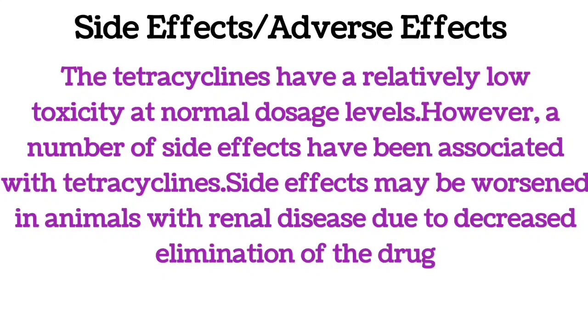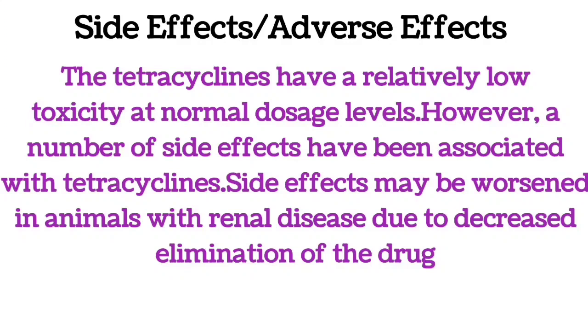Gastrointestinal upsets. All tetracyclines produce GI irritation to varying degree in some patients, particularly after oral administration. Anorexia, abdominal pain, diarrhea, and nausea and vomiting in small animals may occur.